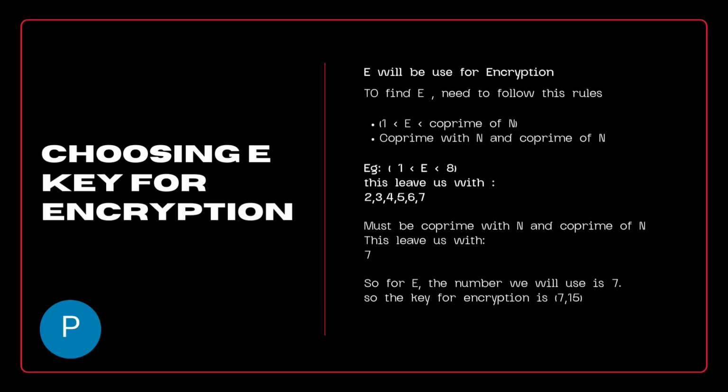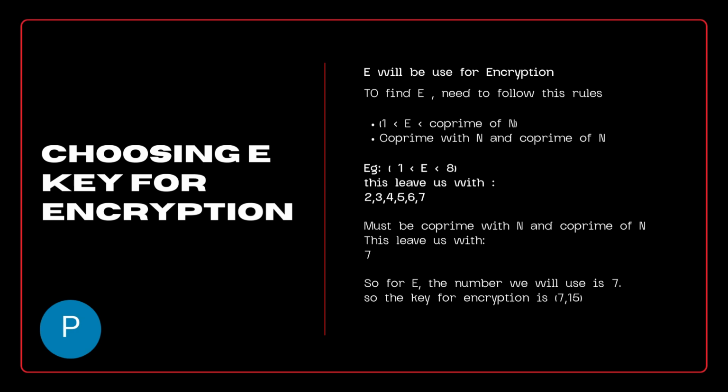So now we need to choose E, which is our key for encryption. E will be used for encryption. To find E, we need to follow a few rules. The first rule is E must be bigger than 1 and less than the coprime count of n.